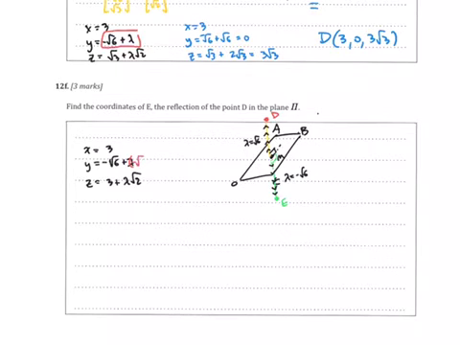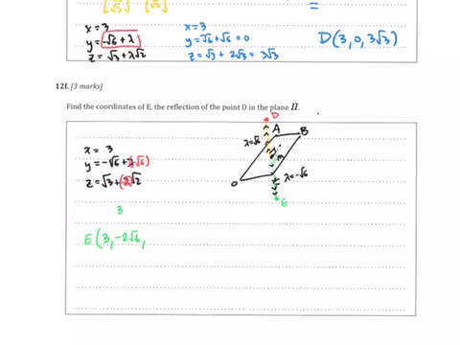So the point E will be still 3, negative 2 root 6, and let's see, I don't want to screw up this math here. This would be, oops, that should be a root 3 here.